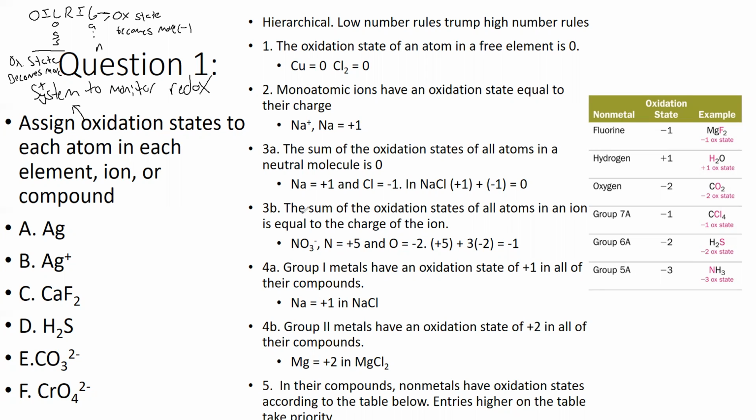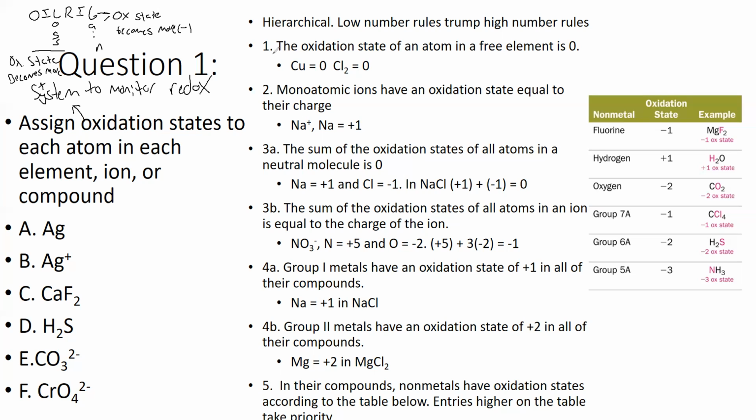For these rules, low numbers trump high numbers. So rule 1 is the most important rule, and that's more important than any other rule. So when assigning oxidation numbers, you start from the top and work your way down.